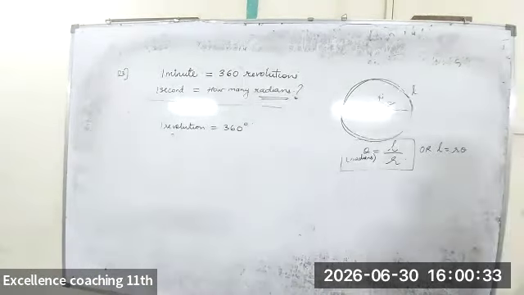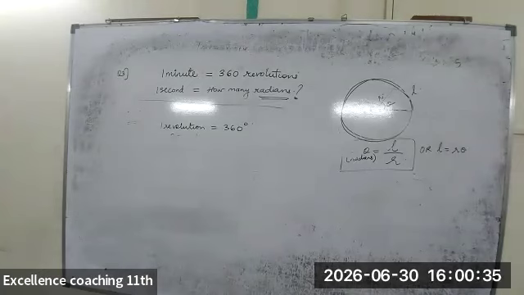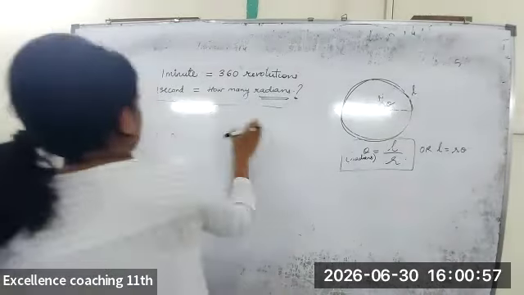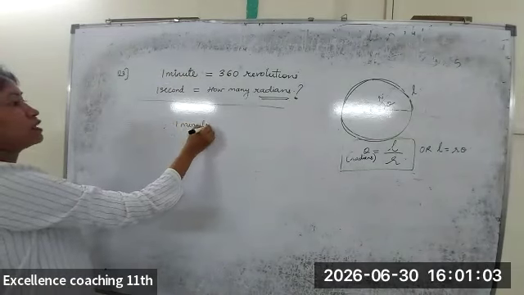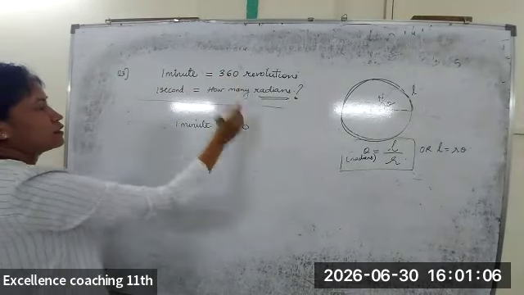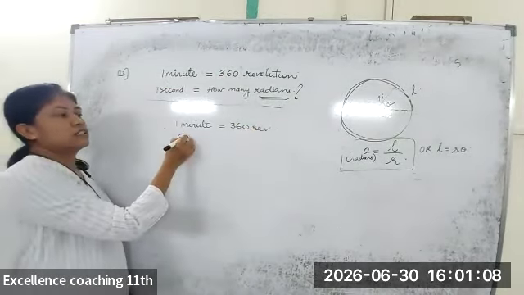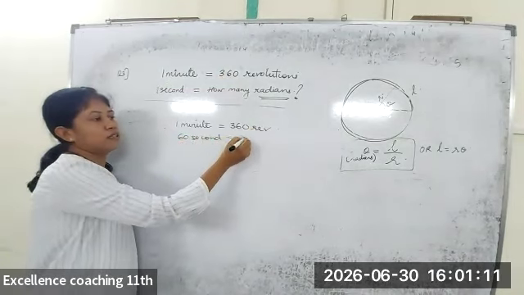Similar one is done for you all, no? Wait, I'll just check the question. So 1 minute, we want in terms of seconds. So 60 seconds will be 360 revolutions.